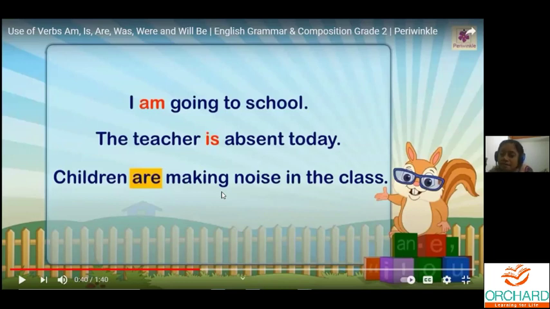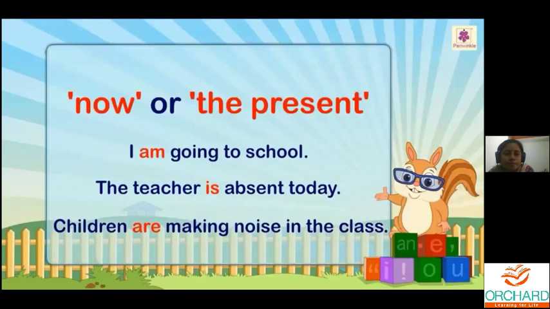Write the sentences. That's all. I didn't speak anything, Ishwan. Yes, I am listening to the class. Yes, very good, Jyotam. Yes, okay. That tell about now or the present.